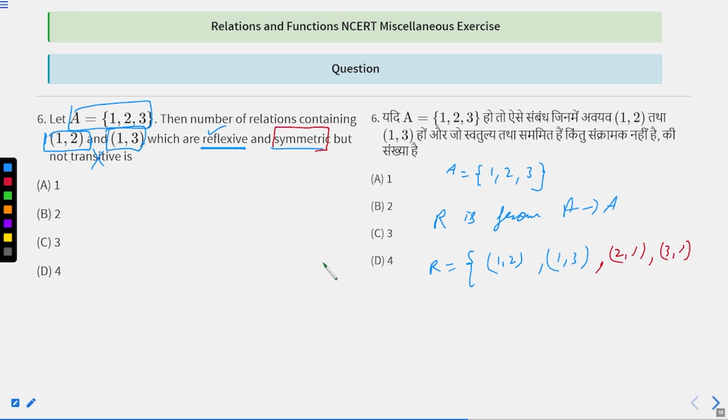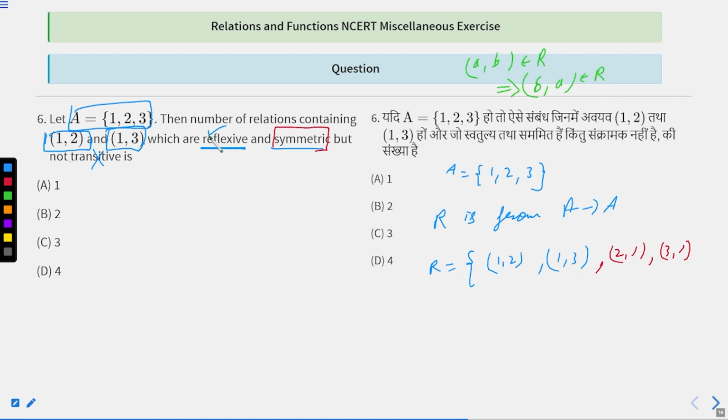So now it is symmetric. As you can see, if 1, 2 belongs to the relation, then 2, 1 also belongs to the relation, because in symmetric we know if A, B belongs to R, then B, A also belongs to the relation R, as you can see over here.